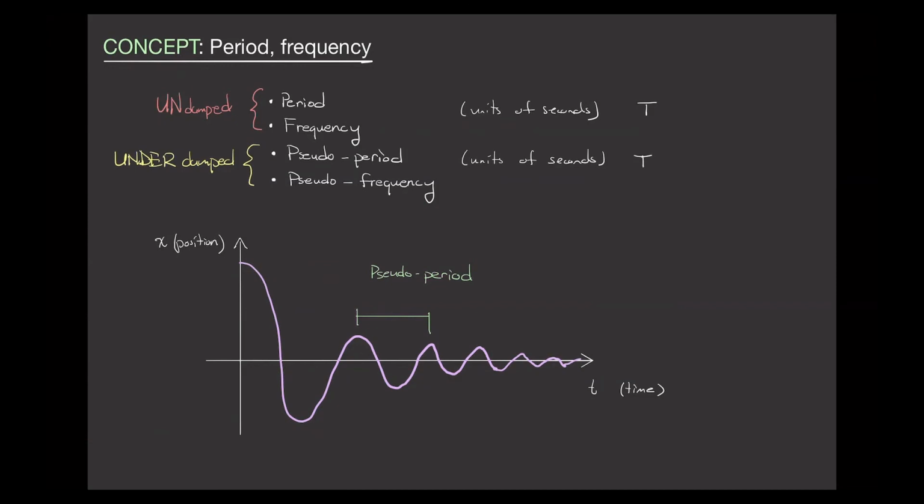I want to check the chat real quick. Okay, covered that. And pseudo period is what we call lambda in physics. Is that true? I'm trying to remember. I can't remember the notation offhand.